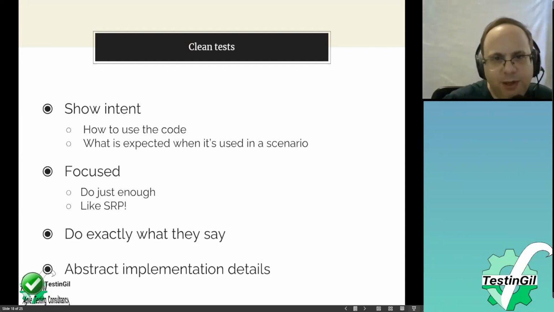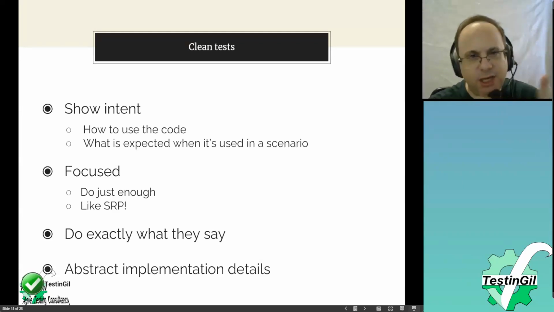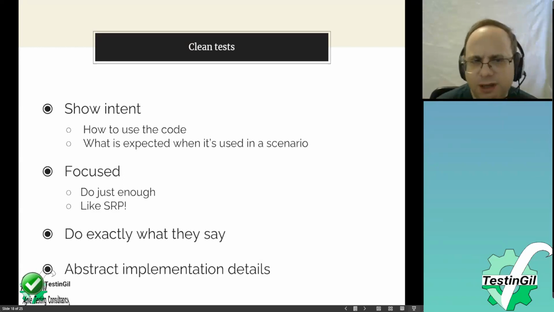And the bigger the test, meaning it tests a lot of code, the harder it will be to say where the problem is. It will be hard to debug. And everything we associate with smaller pieces of code, even understanding them, goes back there. So the focus of the test matters, and that probably means we may want to break bigger tests into smaller ones. It will help us understand them.